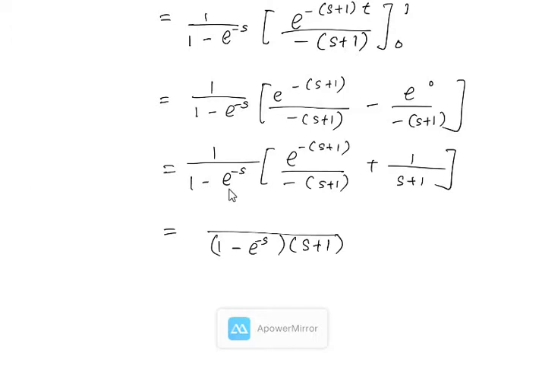So this one you can multiply in, so you get the denominator like this: 1 minus e to the power negative s multiplied with (s plus 1), and then this part is just 1, so 1 minus e to the power negative (s plus 1). Okay, that's all for this question.